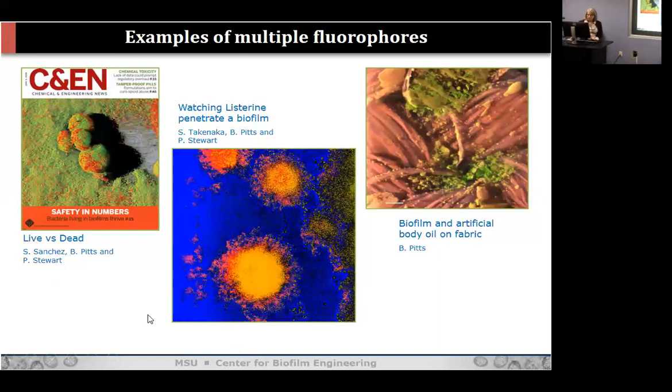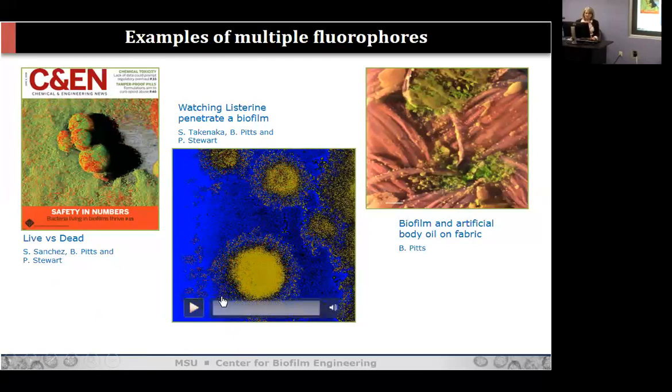If you watch this movie, we're watching Listerine work its way into an oral biofilm. And we see the loss of fluorescent color, which is a really interesting way to use fluorescence. Let me play that again. And then on the right is an example of biofilm on fabric, a kind of interesting surface.